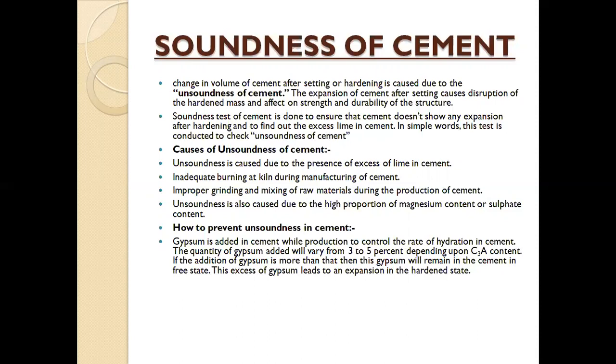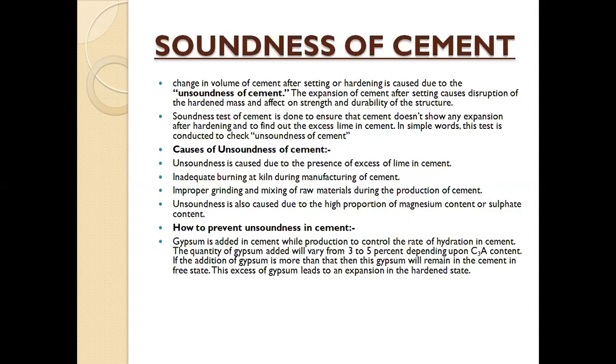Causes of unsoundness or causes of expansion of a cement. First, unsoundness is due to the presence of excess lime in cement. During manufacturing, if lime is added in excess quantity, then it will be subject to expansion.